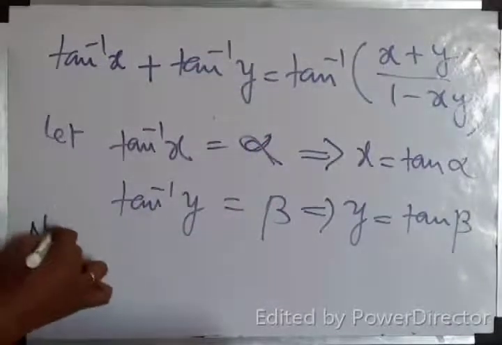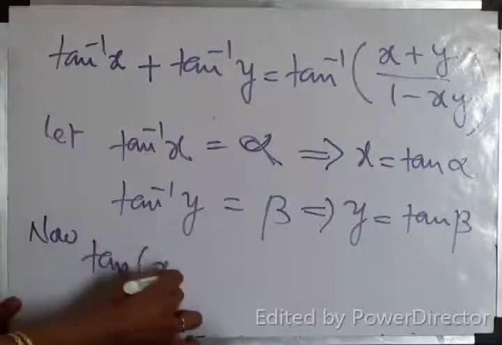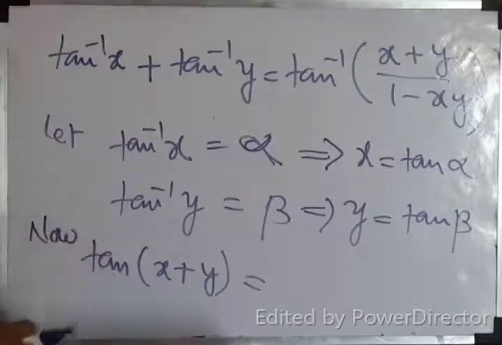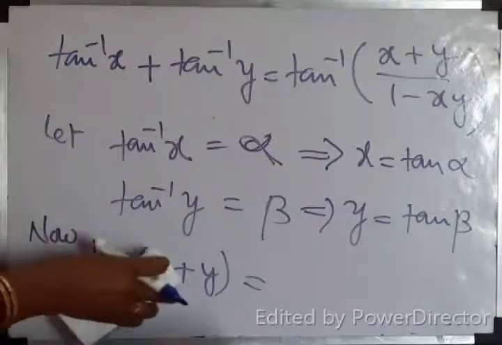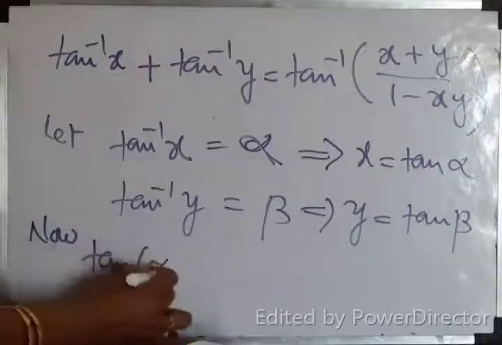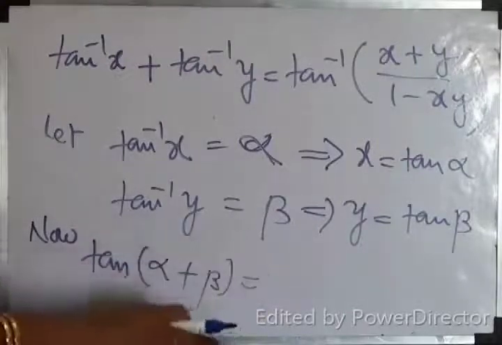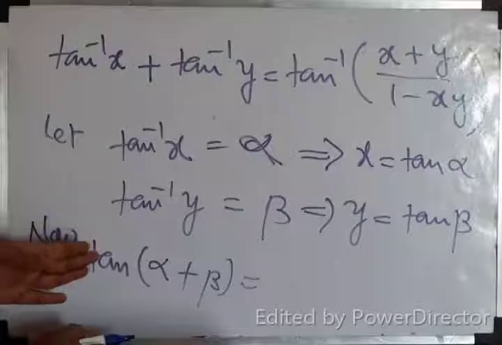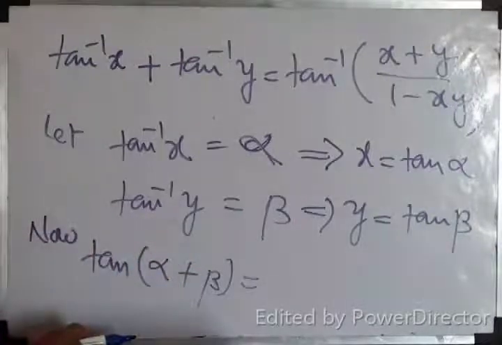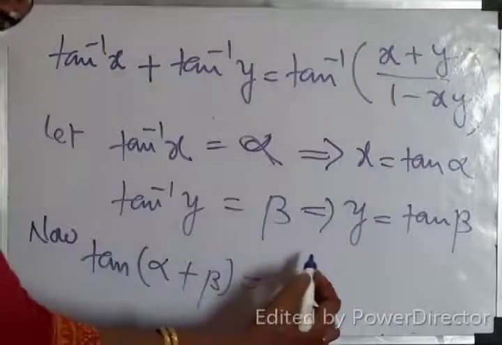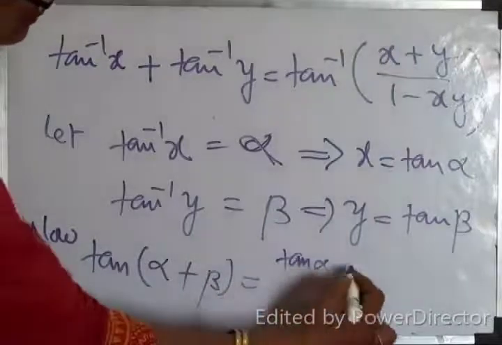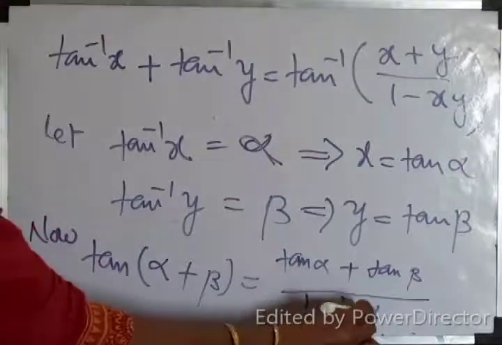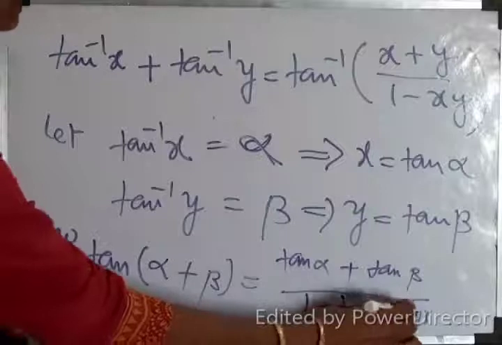Now I am using the trigonometric formula, tan of alpha plus beta. It looks like the trigonometric formula tan a plus b. What is the formula? Tan a plus tan b by 1 minus tan a tan b.